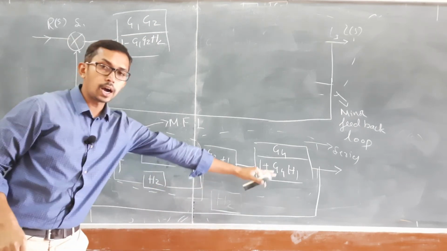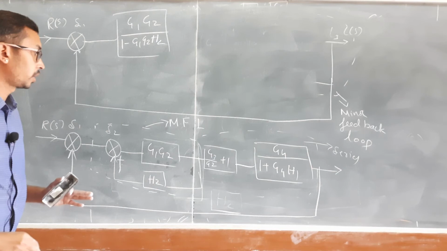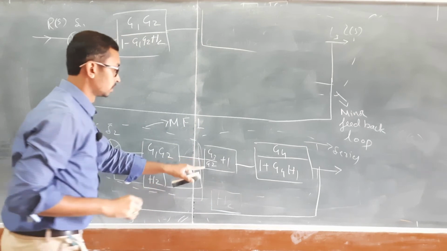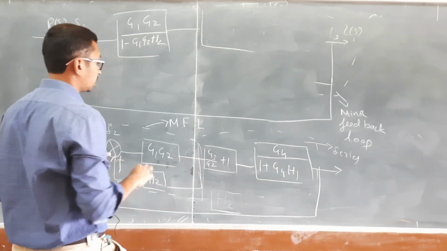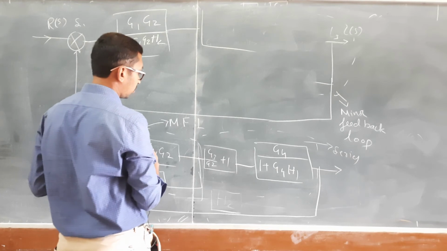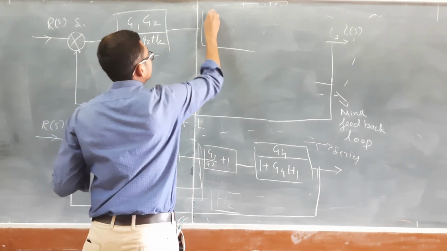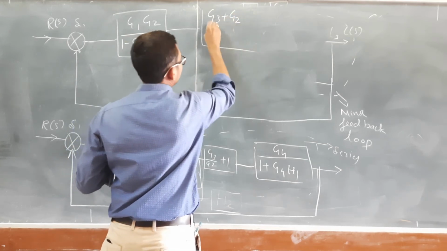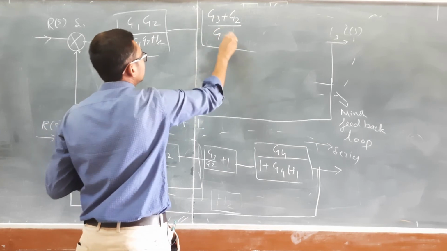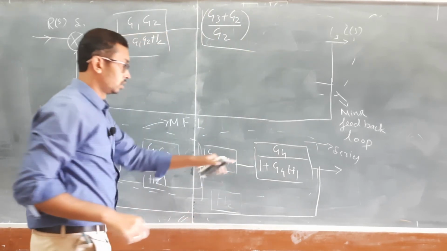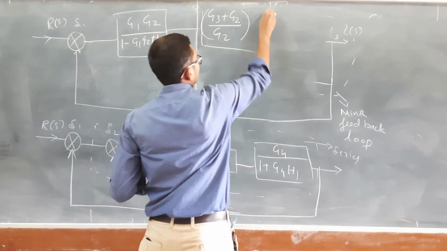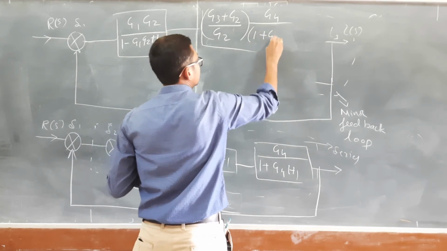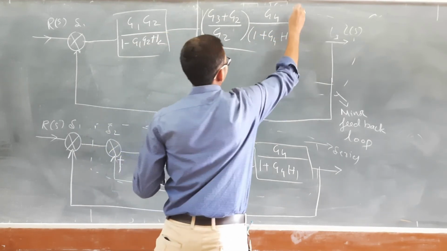Now these two are in series, then we have to do the multiplication. So let me write it like this. This can be written as G3 by G2 into, we need to multiply this one, G4 divided by 1 plus G4 H1.